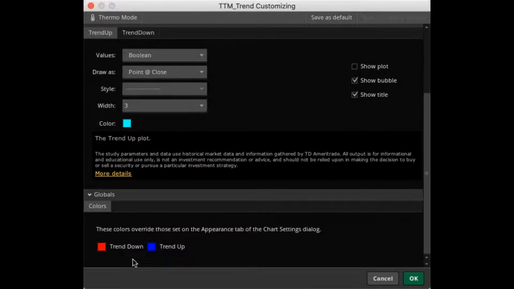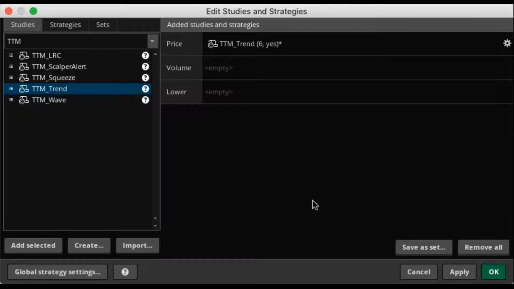You go to globals. Click that. Change that to green. And then you push OK. You push OK. And then you push apply.